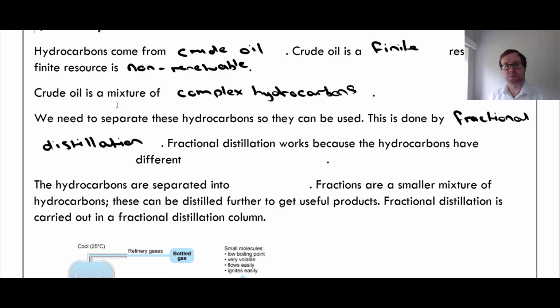And fractional distillation works because the hydrocarbons have different boiling points. So this is the main reason why fractional distillation works, because the different fractions of the hydrocarbons can be separated because they have different boiling points.